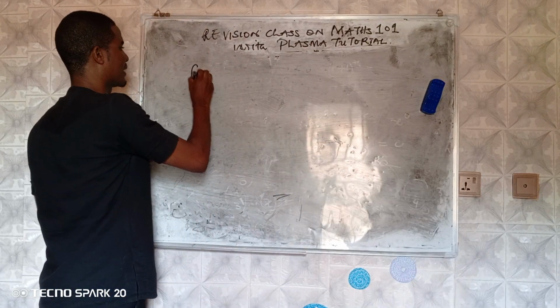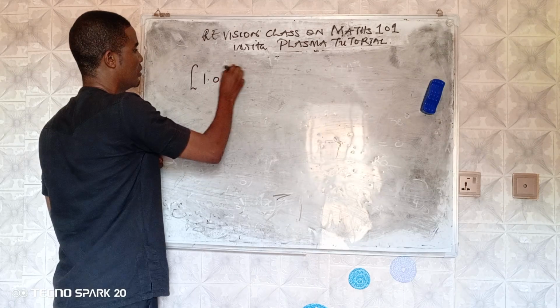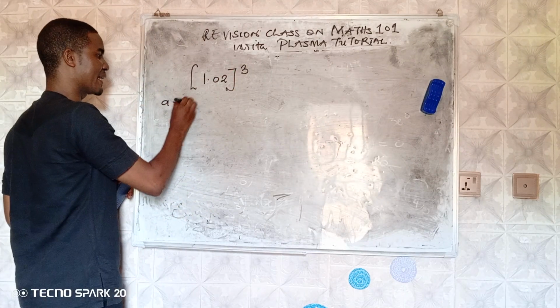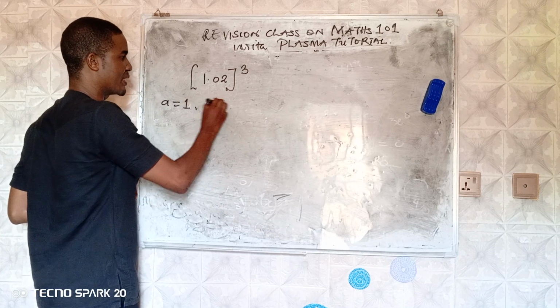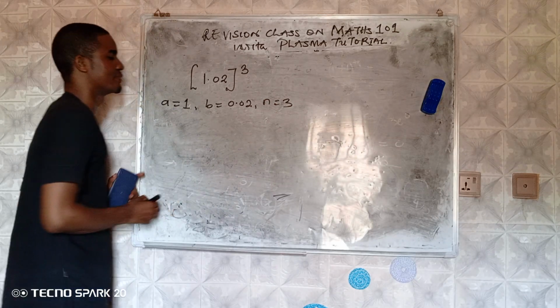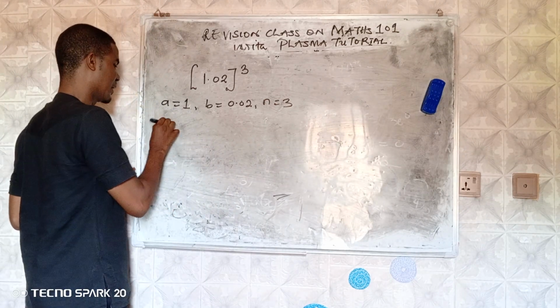If you are given something like this, 1.02 all raised to power 3, which we will expand. In this case, my A is 1, my B is 0.02, and my N is 3. So the same thing.